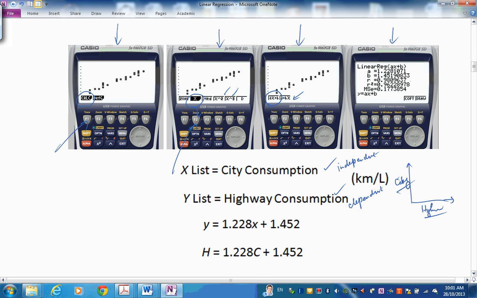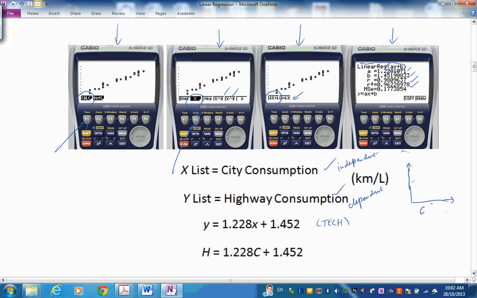Now we chose this before to give us our R and our R squared. But look at what else they've got. Linear regression, they've got A and B values for the formula AX plus B. So we could write, in technology land, the formula for this, because this time we've got this little pattern here.